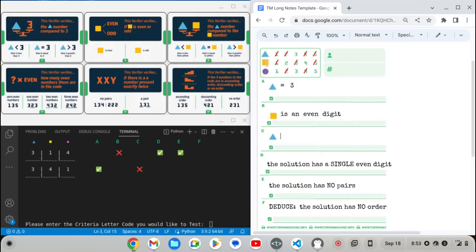Yeah, I'm just experiencing a little bit of lag, not sure why. So what does that mean if triangle is greater than square? That would mean that square cannot be a 4. It would force square to be a 2. So let's cross out the 4 for square.